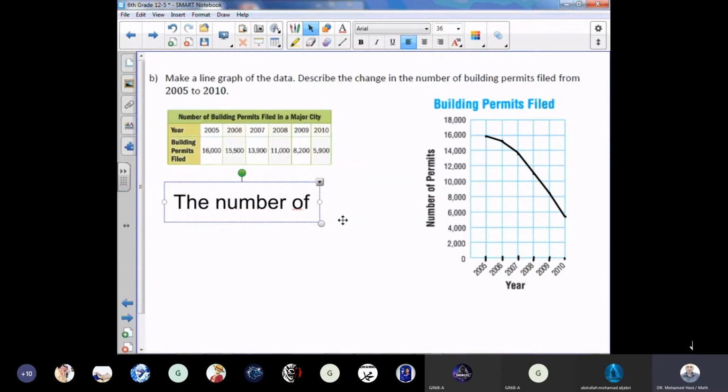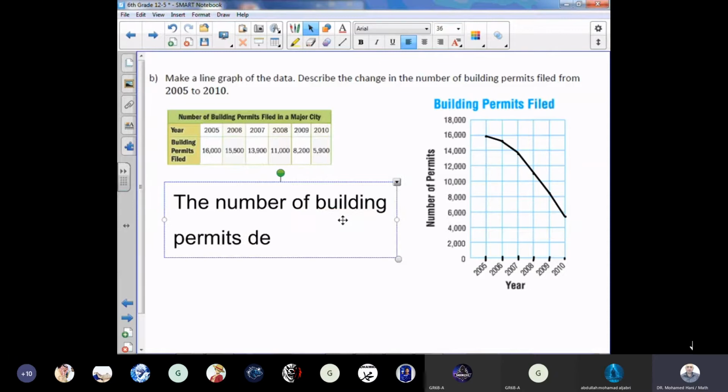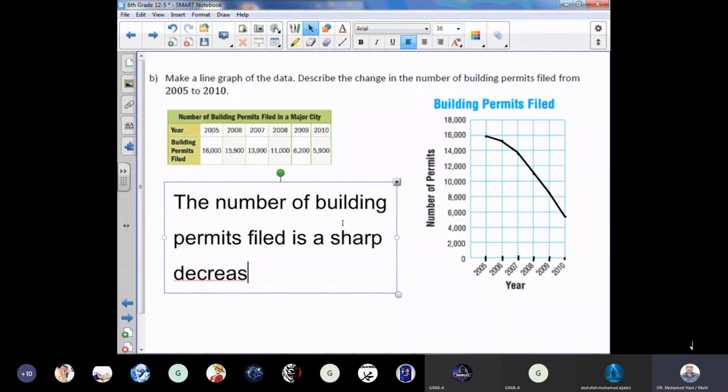The number of building permits filed is, we'll say, a sharp decrease from 2005 to 2010.